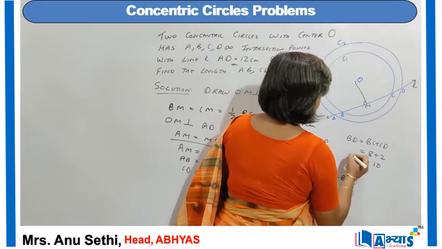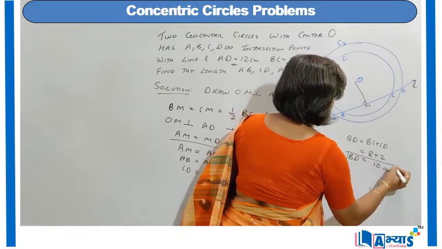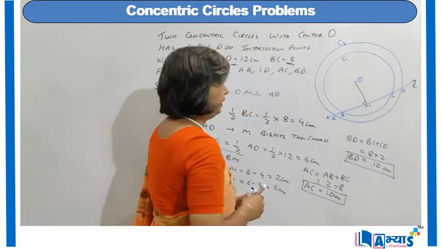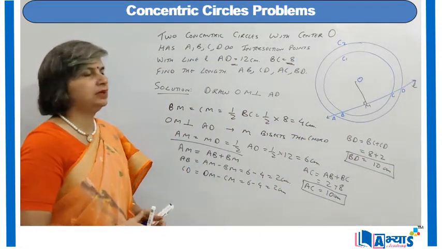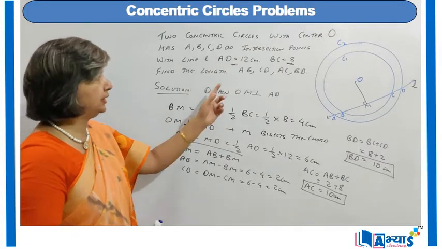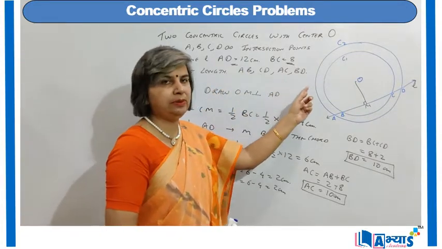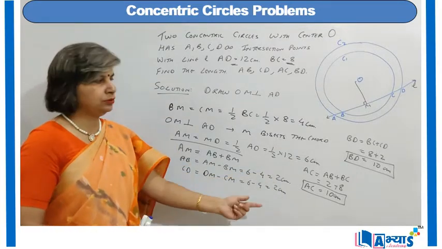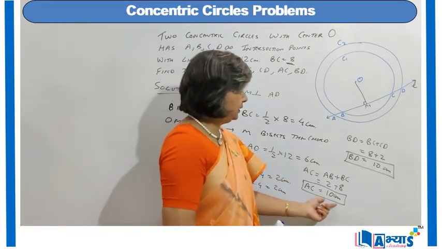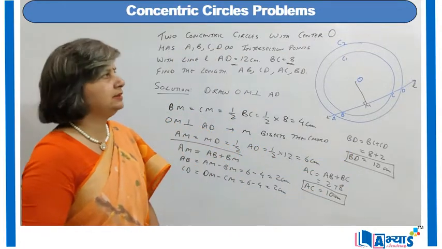So BD is 10 centimeters. Now we have found all the four distances that we were supposed to find in the question, that is AB, CD, AC and BD. So AB is 2 centimeters, CD is 2 centimeters, AC is 10 and BD is also 10 centimeters.